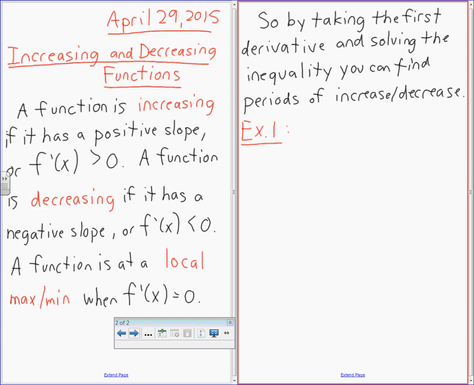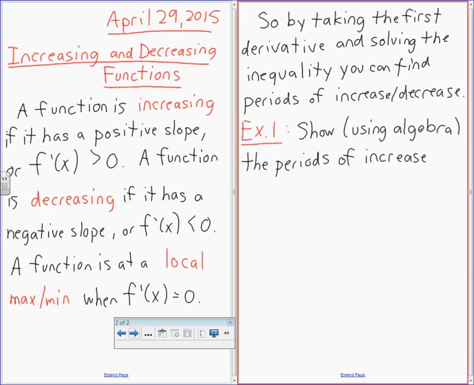Example 1 says, show using algebra the periods of increase and decrease for f of x equals 4x cubed plus 5x squared minus 2x, and use this to help sketch.